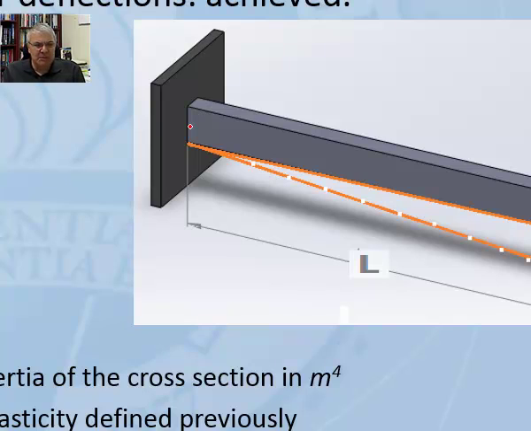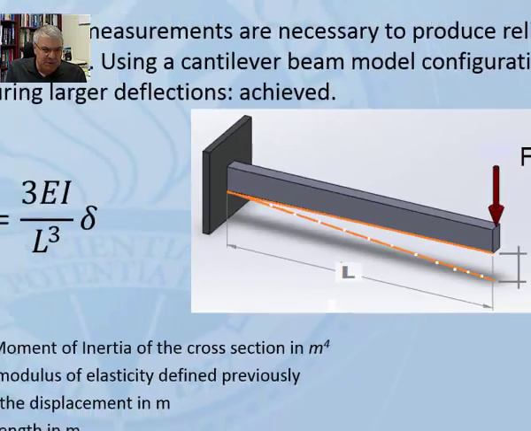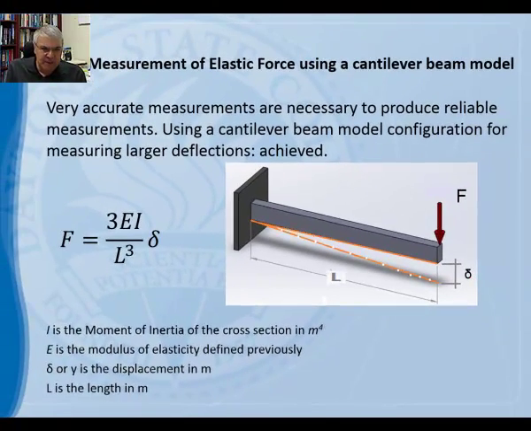On the other end, we apply the force F, and as a result of the force F, we are going to have a displacement by the amount delta, not a capital delta, but the lowercase delta in the Greek alphabet that we're using here. So this is the deformed shape of a line.